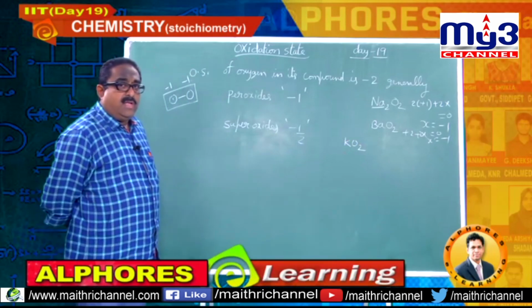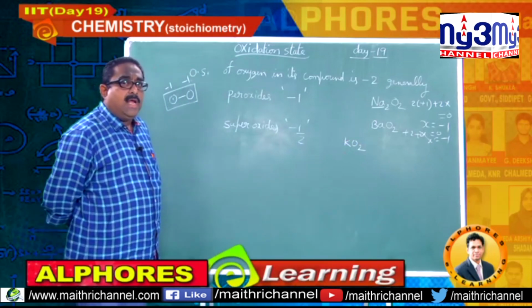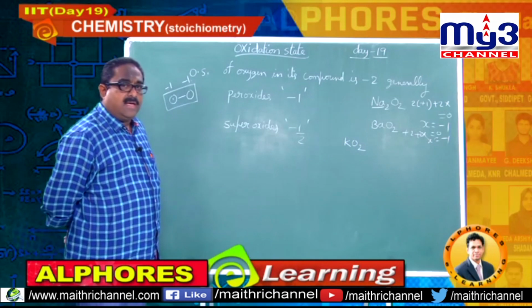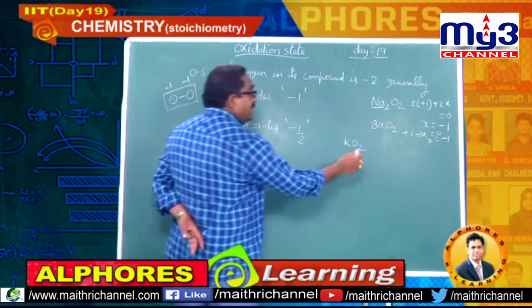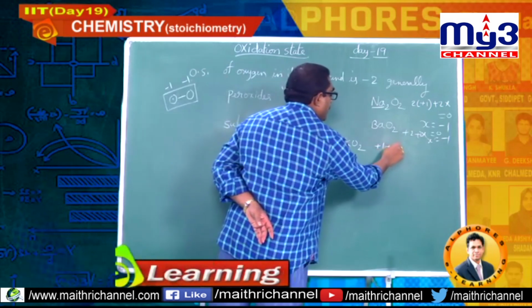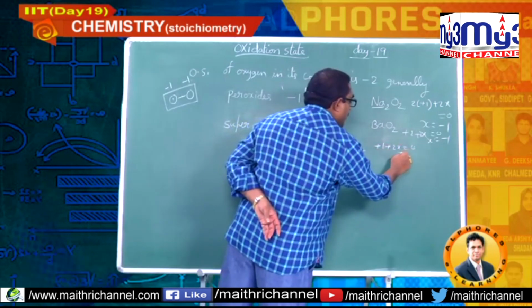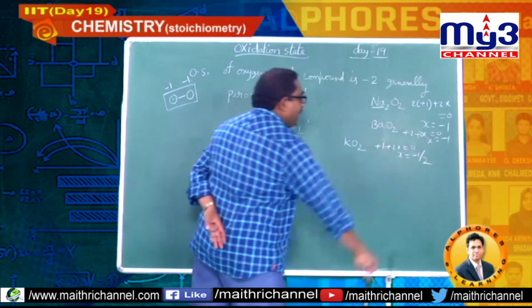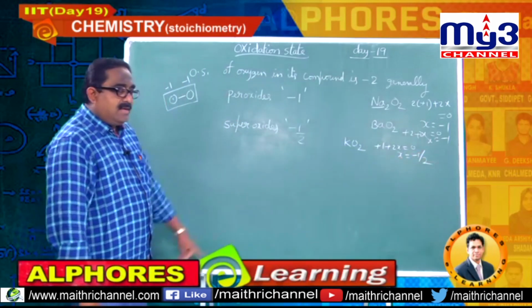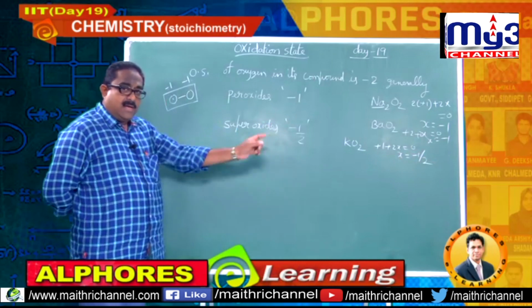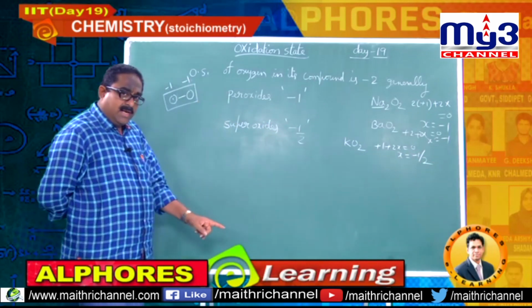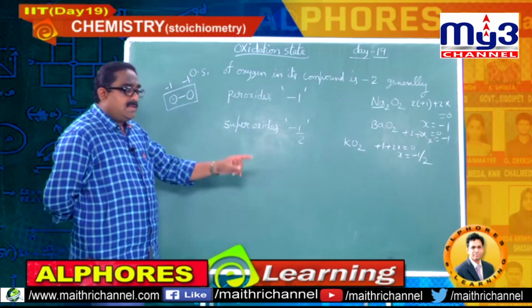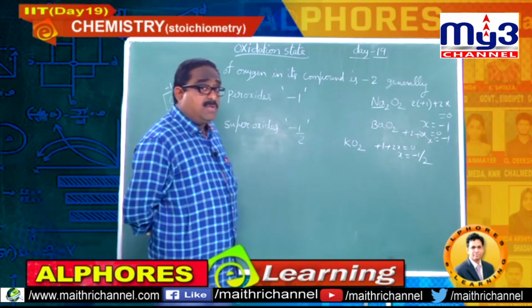The moment you see KO2, you can fix the oxidation state of potassium as +1 because it is an alkali metal. So +1 plus 2x equals 0, which implies x equals minus half. So the given oxide is a superoxide, not a normal oxide and not a peroxide, because the oxidation state of oxygen is minus half.